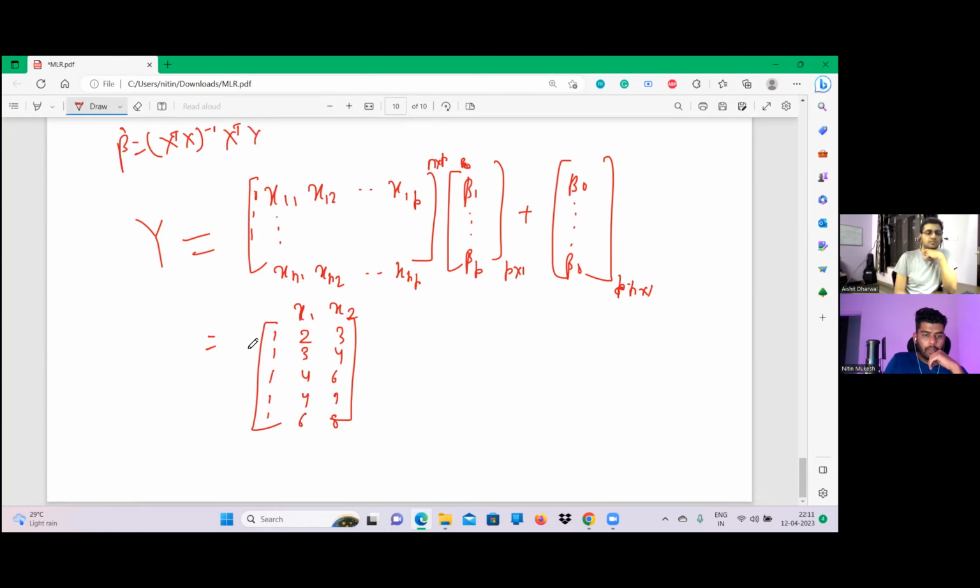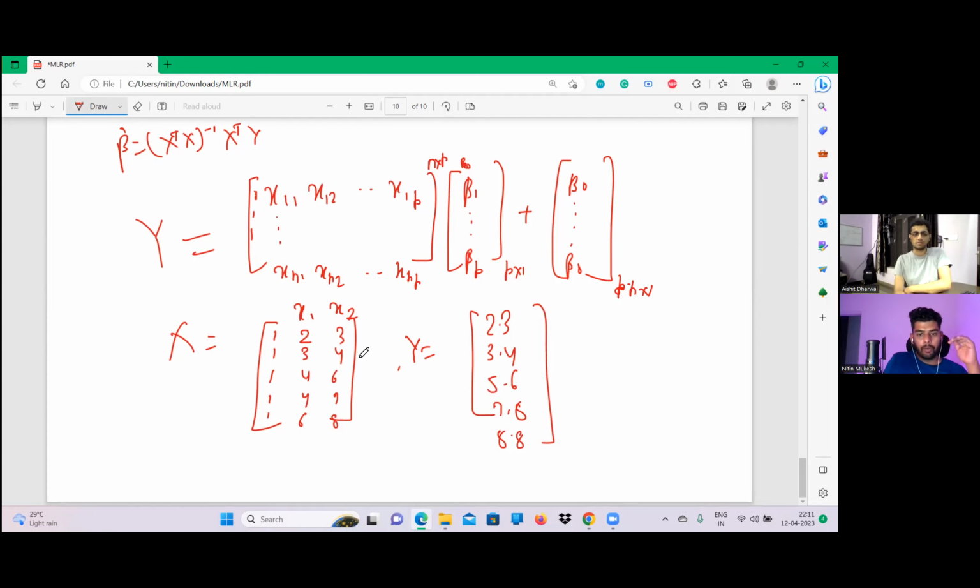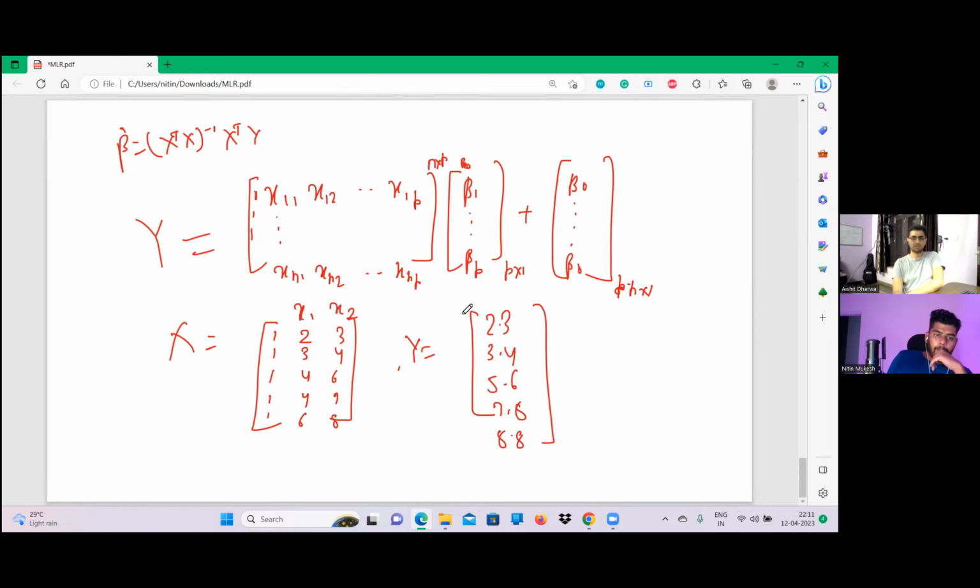So let's say this is your x, and let's assume some real values for y. We have five rows in the data and we have two features, X1 and X2, and we have a Y column as well. Now we want to estimate the coefficients.